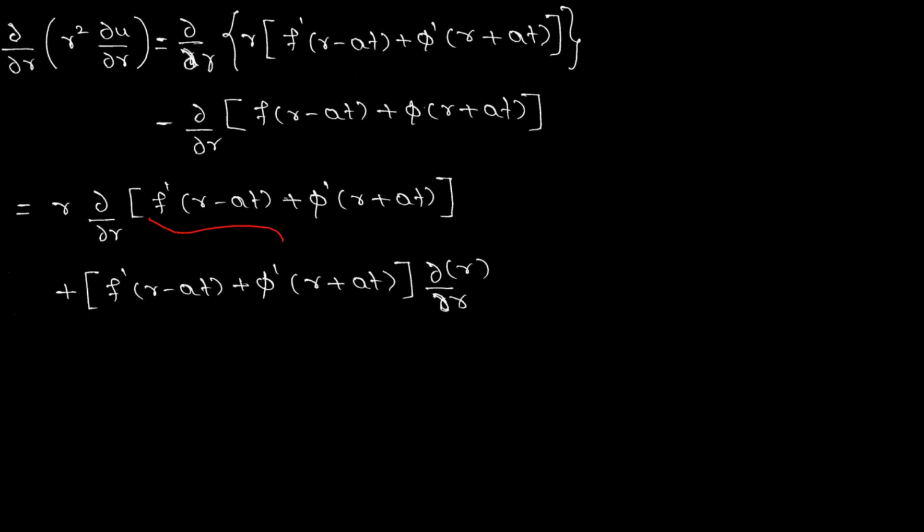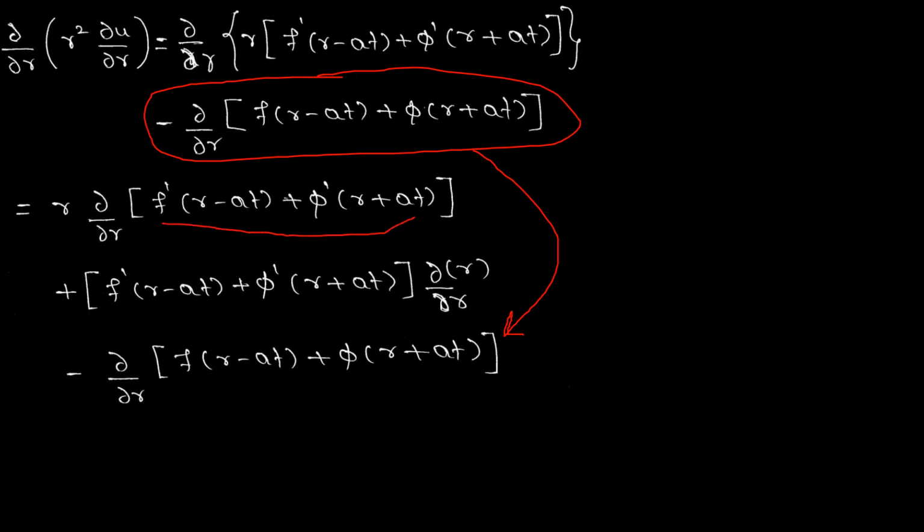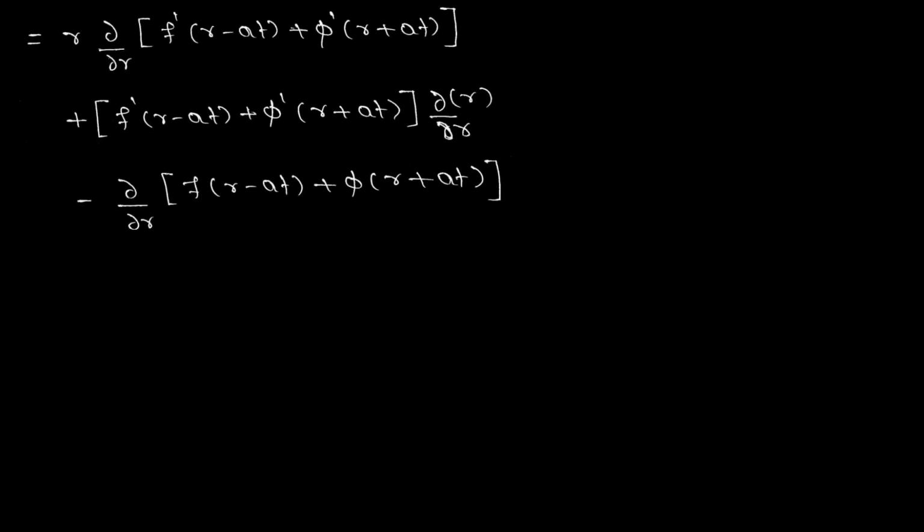Let us differentiate this in the next step. Okay, here we have taken this as it is. In the same step we have taken this as it is. Now let us differentiate this in the next step. I have taken the same step from the previous slide.